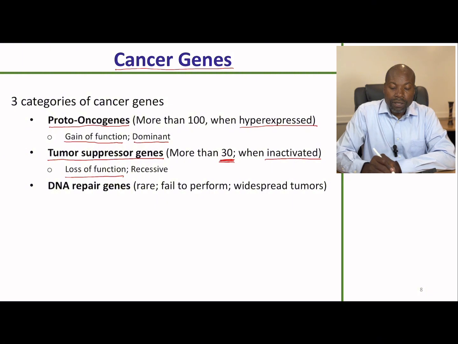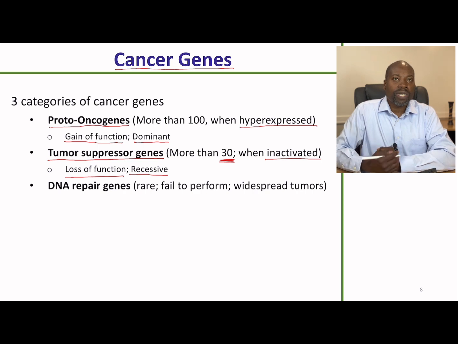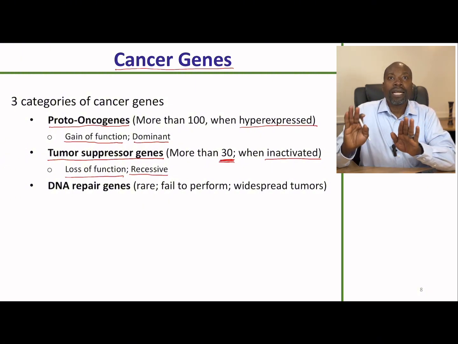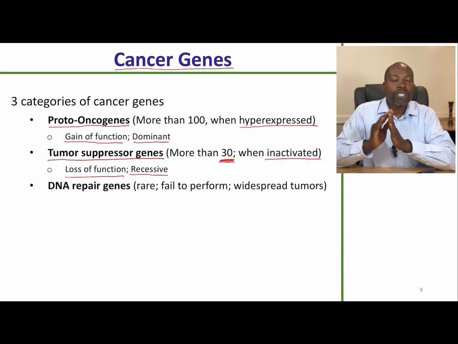Most of the time, these modifications are going to lead to a type of allele that is recessive, which means that to actually develop a cancer with a recessive allele, you need two alleles that are modified, right? Because you receive one allele from mom, one allele from dad. So inasmuch as you have one of the alleles that is normal, you are pretty fine.